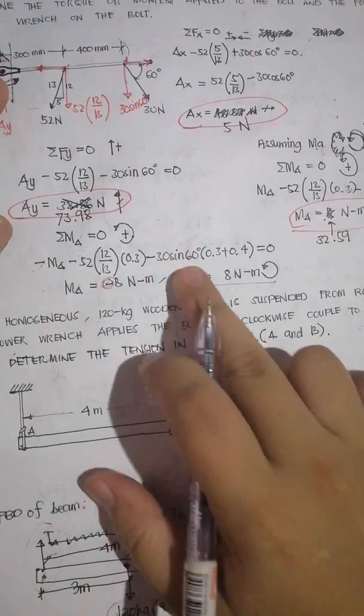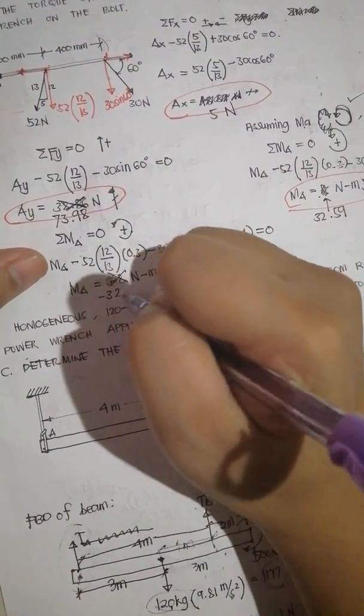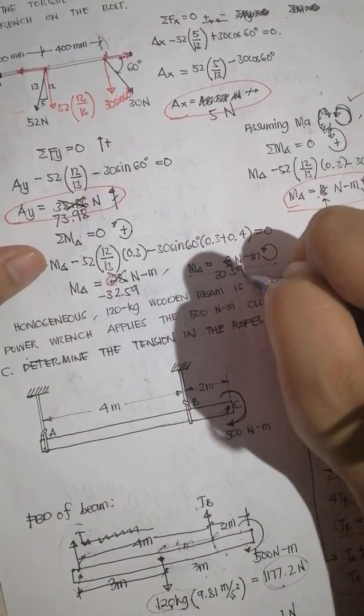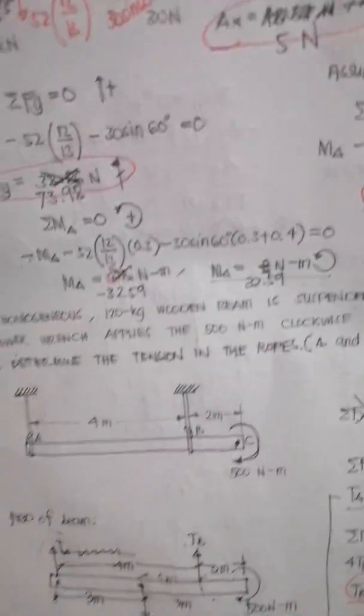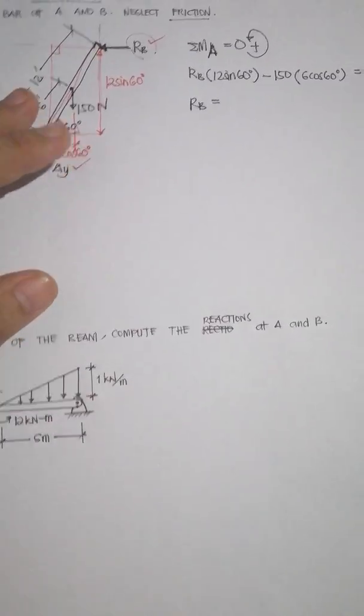I corrected it because here there's no problem, since we don't have trigonometric functions. Okay, let's proceed.